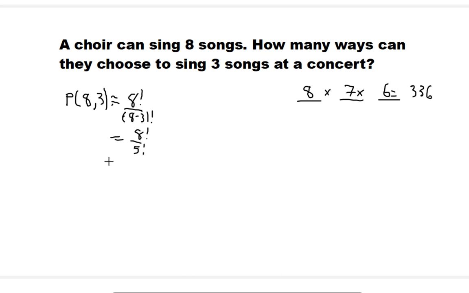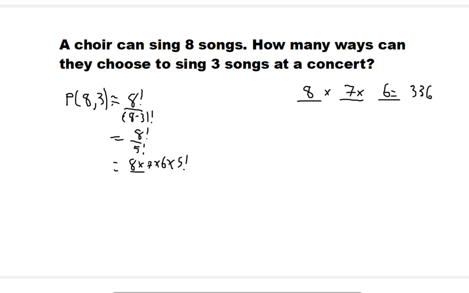And again, the nice thing about this is that 8 factorial is really just 8 times 7 times 6 times 5. Well, it keeps going all the way down to 1, but 5 times 4 times 3 times 2 times 1 is just 5 factorial.